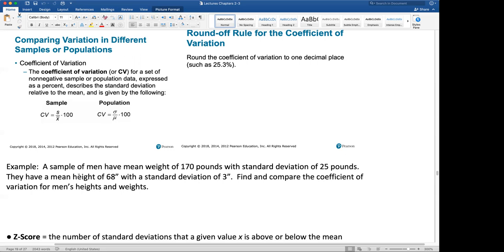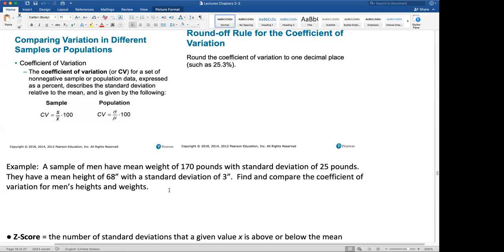Now they have a mean height of 68 inches with a standard deviation of 3 inches. So 68 inches is the sample mean of the sample data set, and the standard deviation of 3 inches is the sample standard deviation. Find and compare the coefficient of variation for men's height and weight. We want to figure out which data set has the larger sample standard deviation relative to its mean, because the two data sets have different sample means.